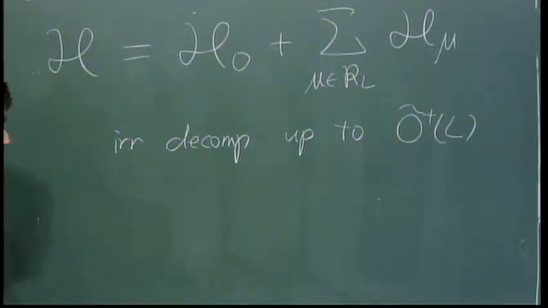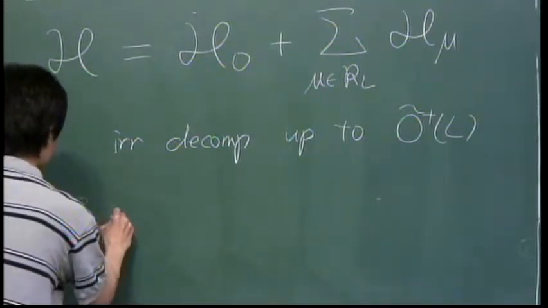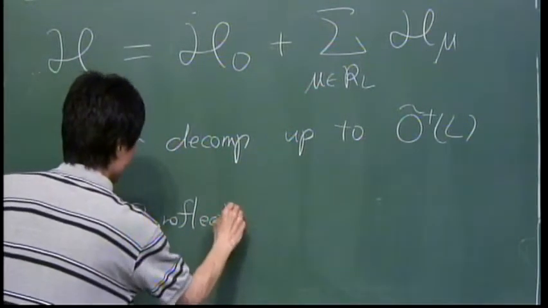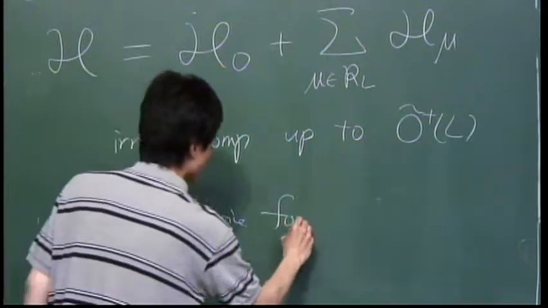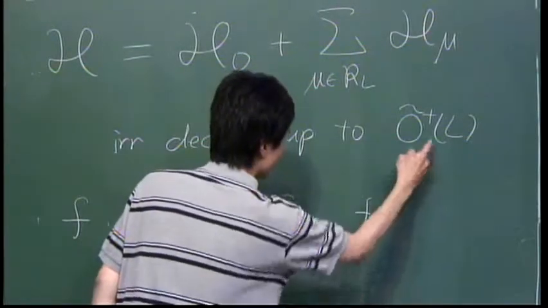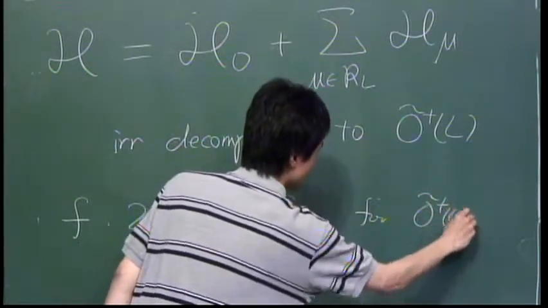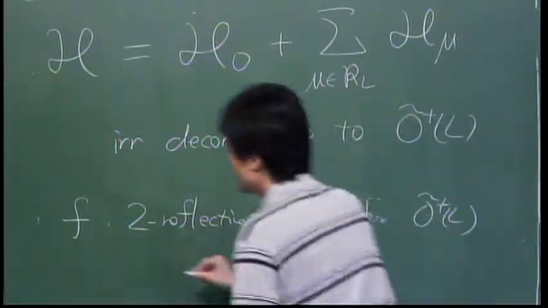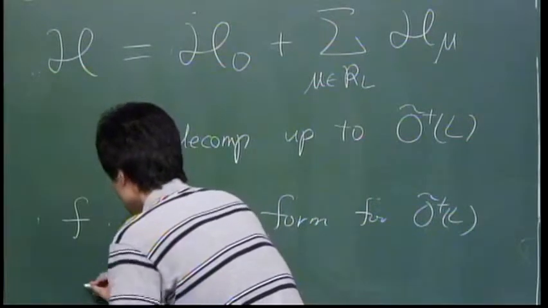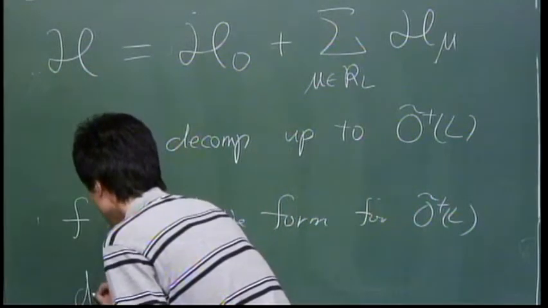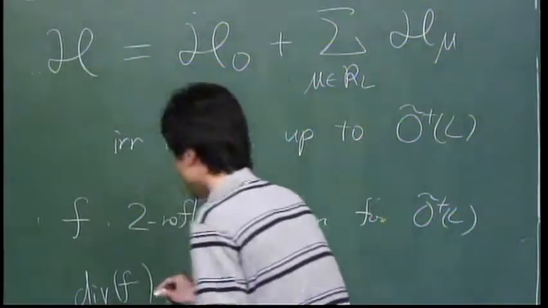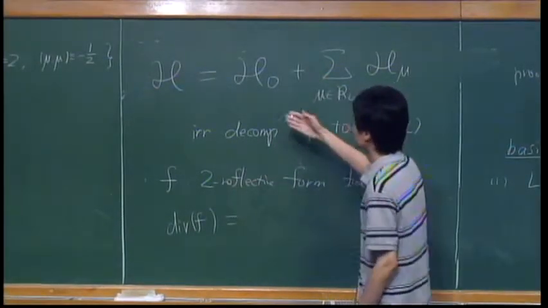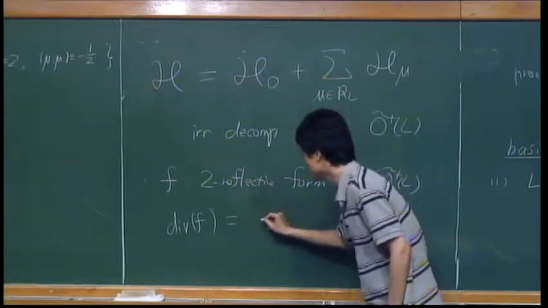Now suppose we have a 2-reflective form for this normalized arithmetic group. Then its divisor can be written as a combination of these components.